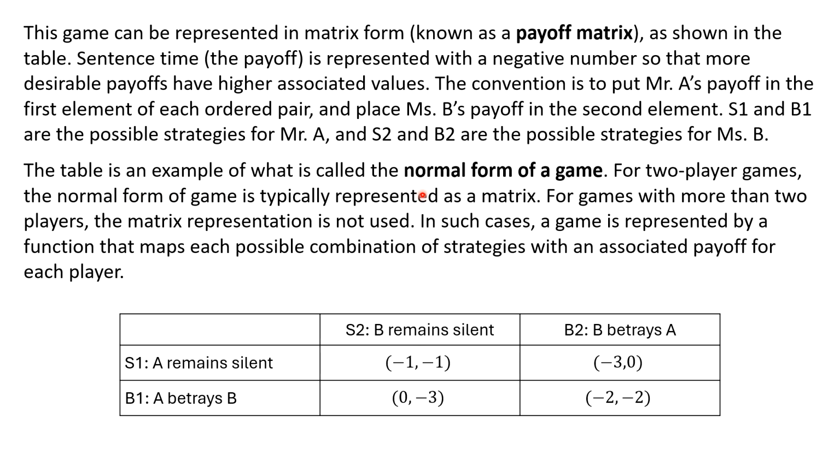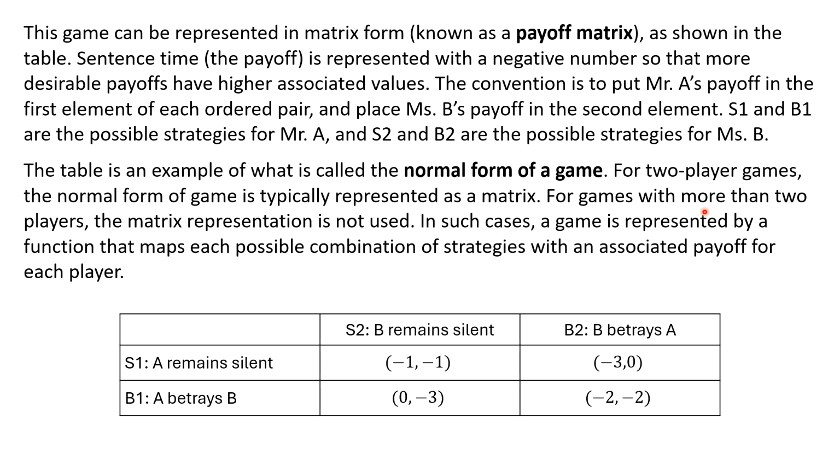This is known as the normal form of a game. For two-player games, the normal form of a game is typically represented as a matrix, as we've shown here. For games with more than 2 players, which is typical, but we'll usually stick with simpler examples just to make some points, the matrix representation is not used.